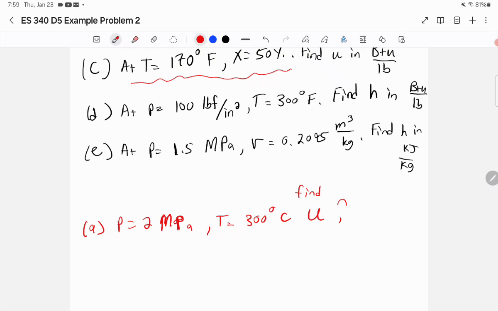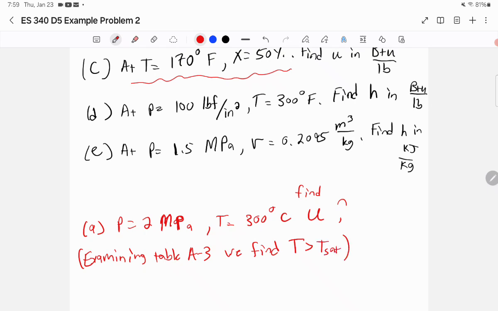Okay, if we go here, let's say we went to table A3, for example. What we find is that the temperature T is greater than the saturation temperature.